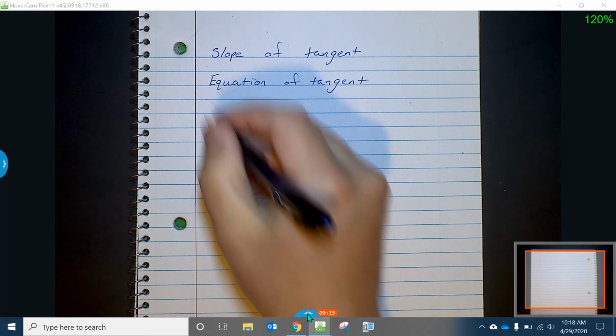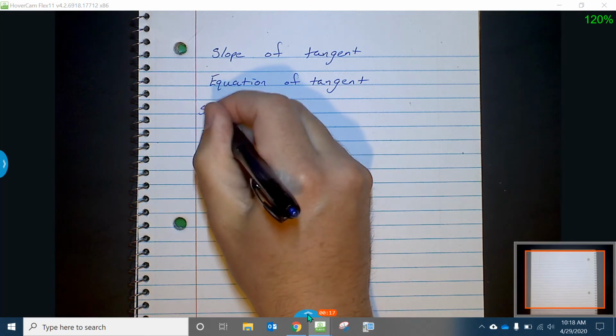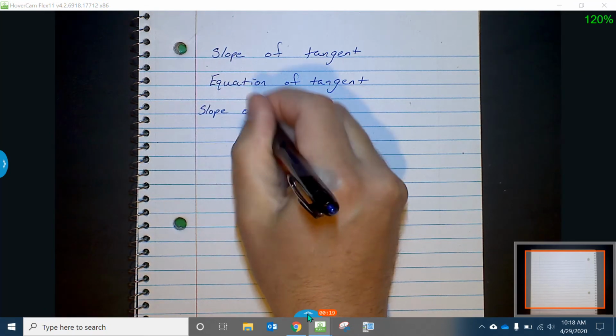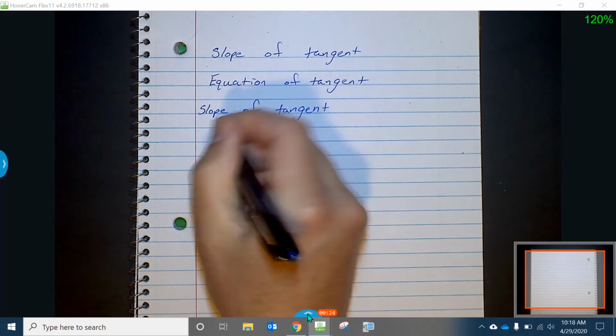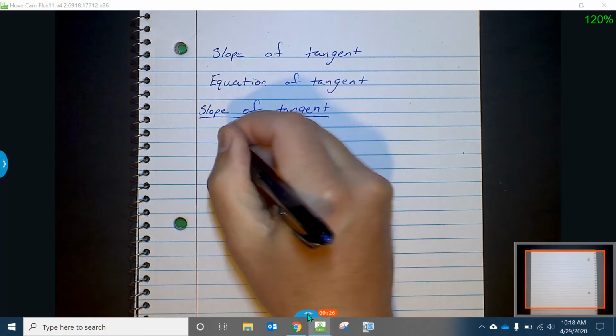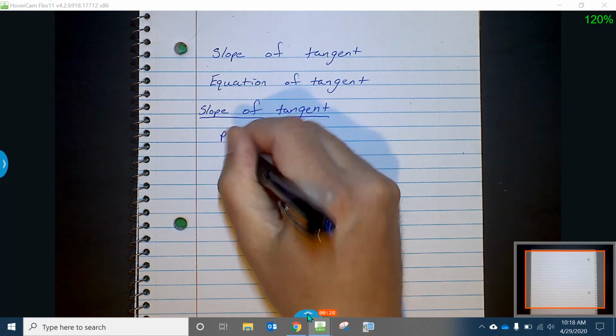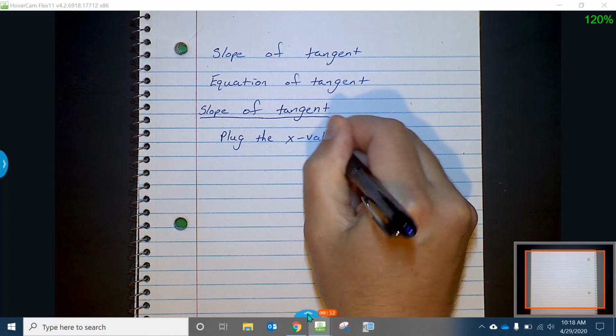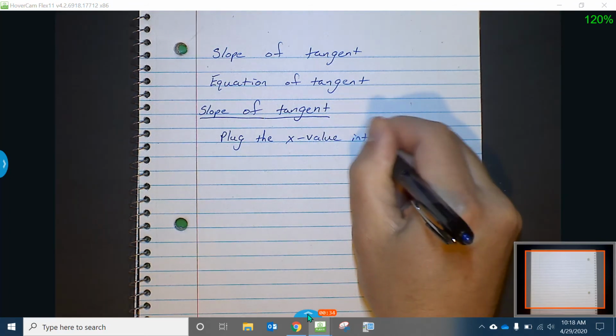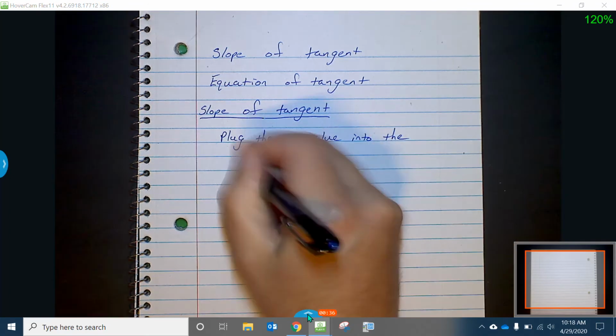Okay, so slope of tangent, we're going to plug the x value into the derivative.